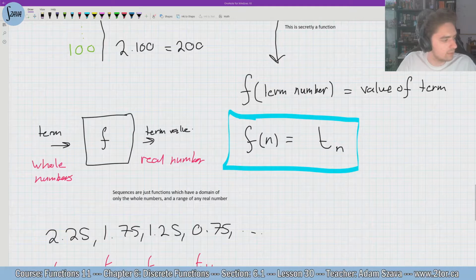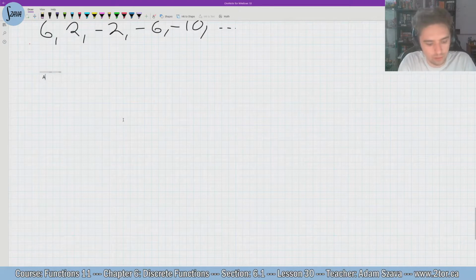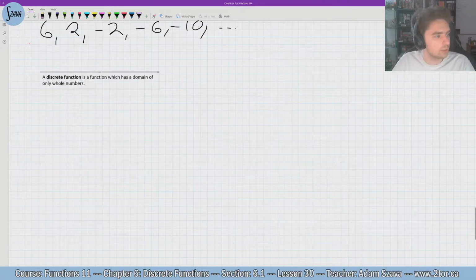Now let's take a second to define properly what a discrete function is. A discrete function is a function which has a domain of only whole numbers. That's it. We say discrete because discrete is a type of measurement.